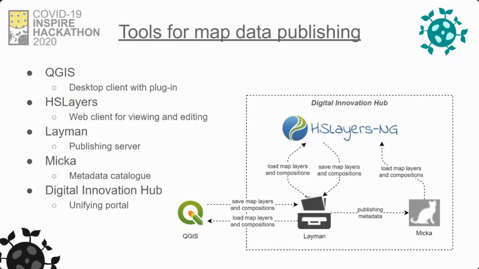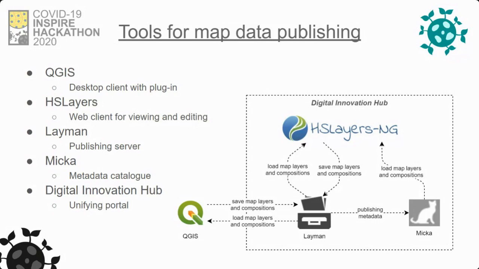Layman is originally a shortcut for Layer Manager, and it allows you to take your data and convert it into OGC standard mapping services like WMS, WFS. And then there is MITSCA, which is simply a metadata catalog.